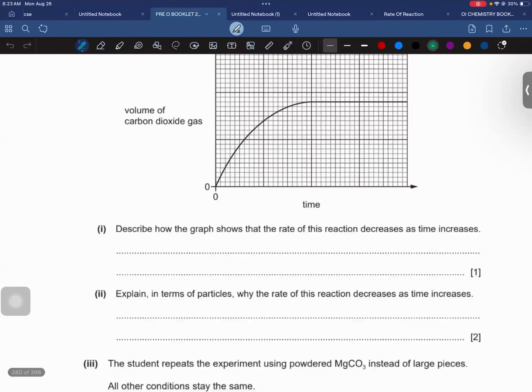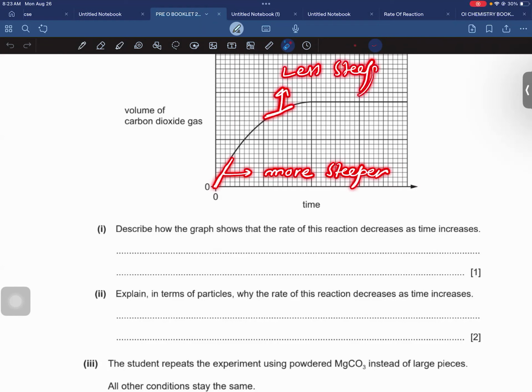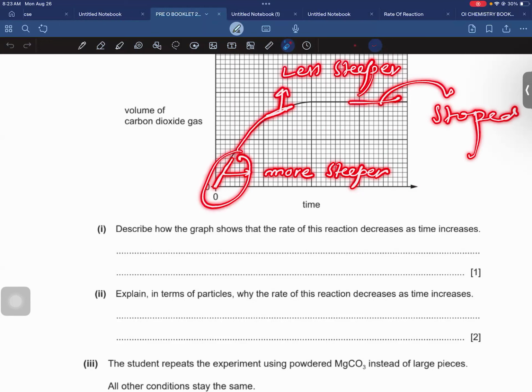As you can see here, this is more steeper. This is the less steeper. This is straight. The reaction has stopped. Obviously, in the start, the reaction was faster. When the time has passed, the reaction is going to be slower.